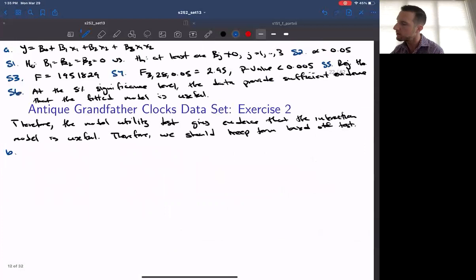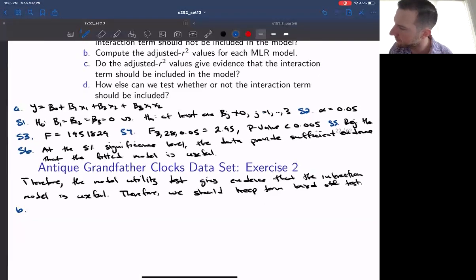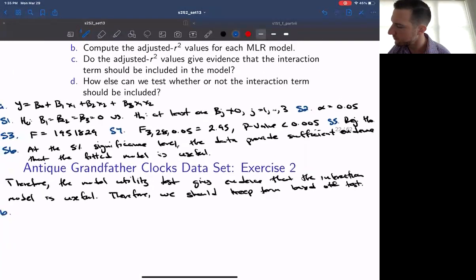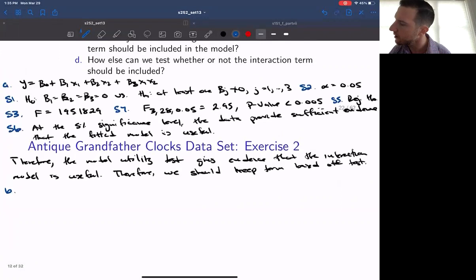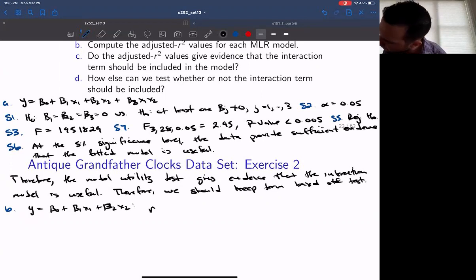Okay, so for y equals beta 0 plus beta 1 x1 plus beta 2 x2, we would have R_A squared is equal to 1 minus MSE over MST.